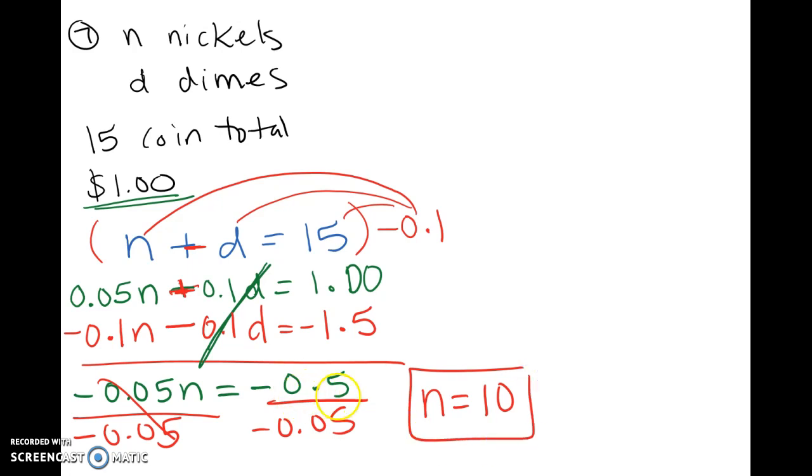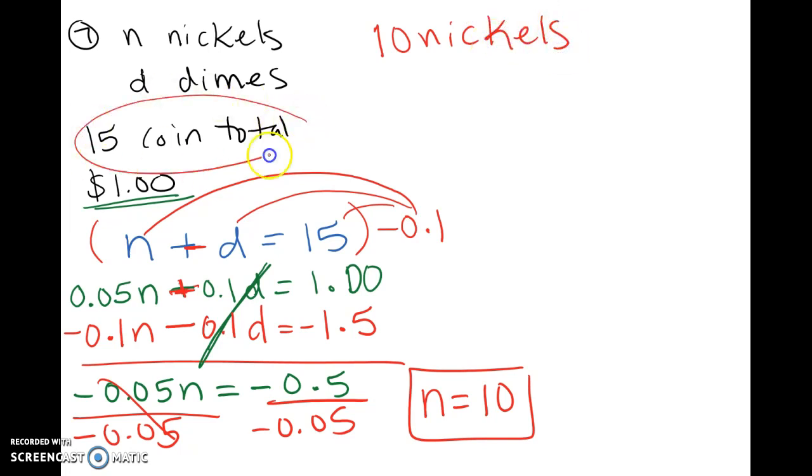So you're dividing 50 cents by how many nickels? How many nickels are in 50 cents? 10. So if I have 10 nickels, you have 5 dimes, right? We're just thinking logically here. 15 coins total, and I know there's 10 nickels. That means there has to be 5 dimes.